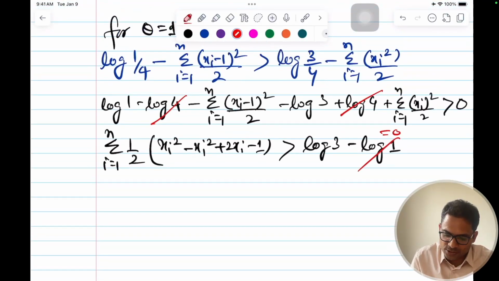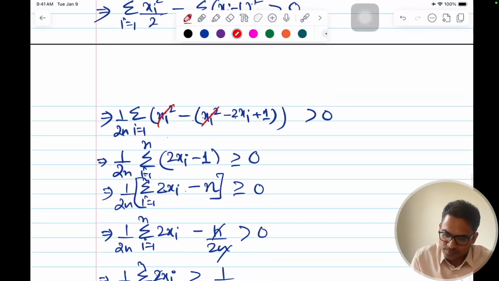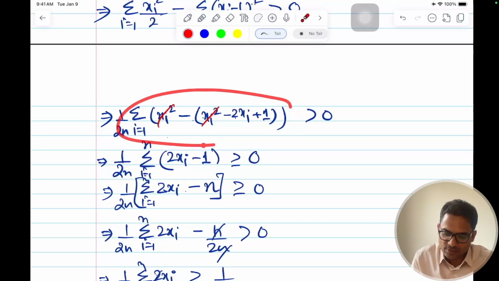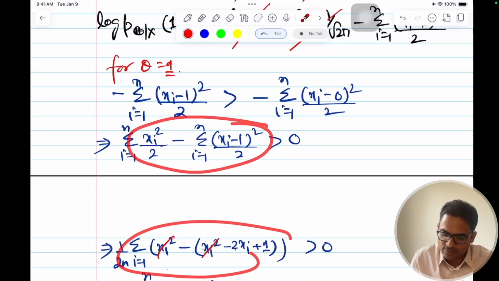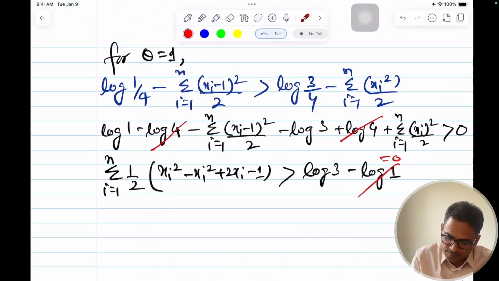And we have seen this calculation earlier. This is the same calculation, right? This is the calculation that we are doing. What did this come out to be? Xi square minus this thing. This is the same calculation that we are doing here.